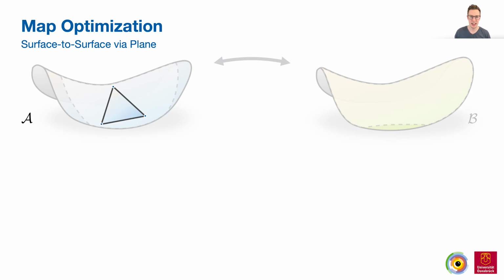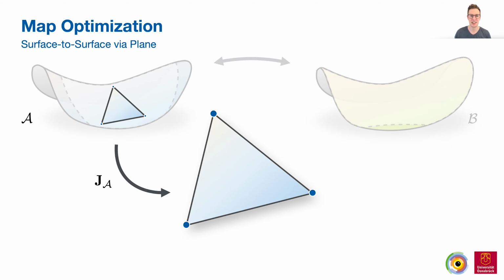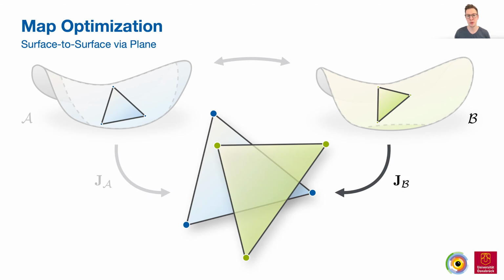Now, how do we do this in a discrete setting? For a triangle of A, the Jacobian JA lets us measure its distortion to the plane. For a triangle of B, we have the Jacobian JB. We can compose one with the inverse of the other, so we get the Jacobian J for the surface-to-surface map. But now we have a problem with our discretization.